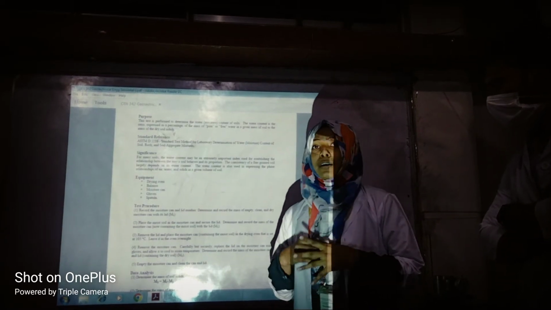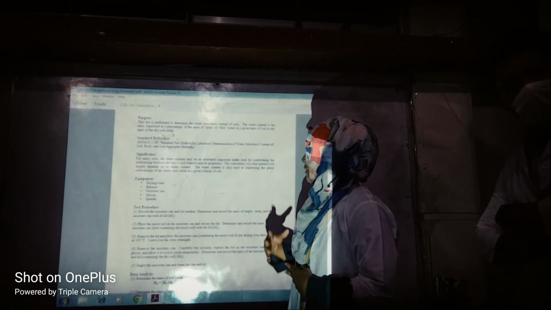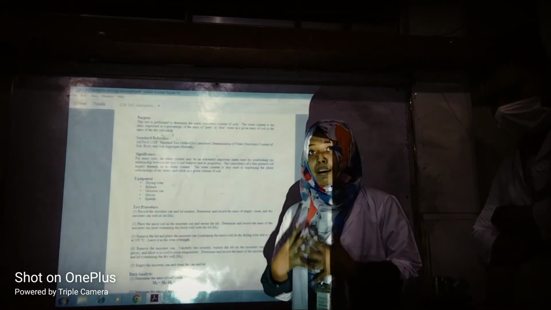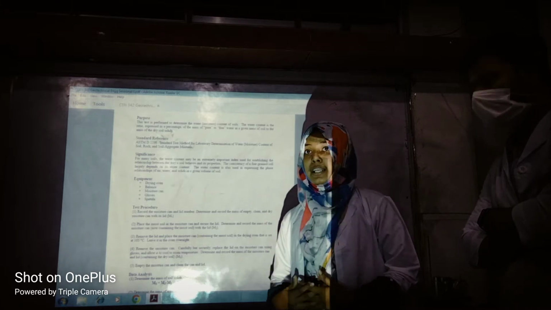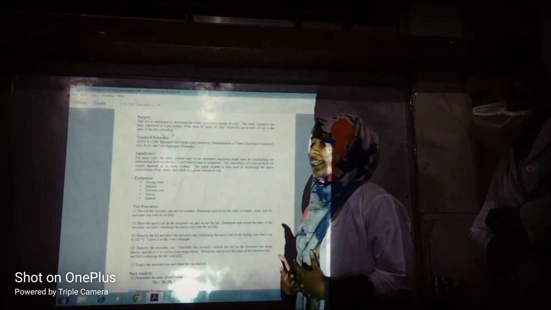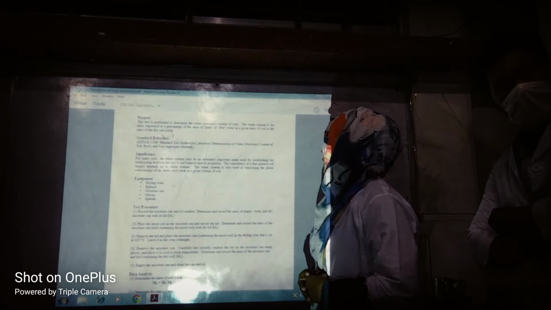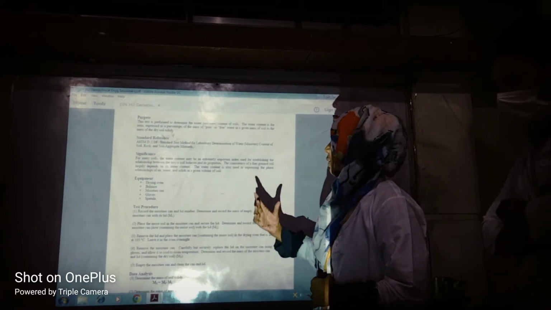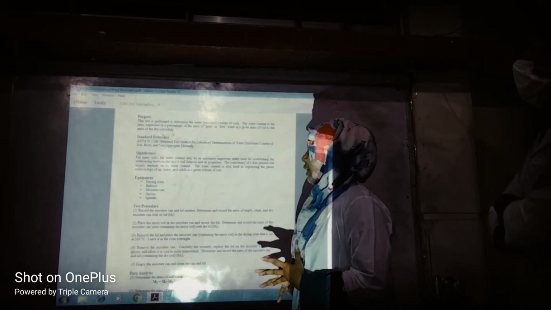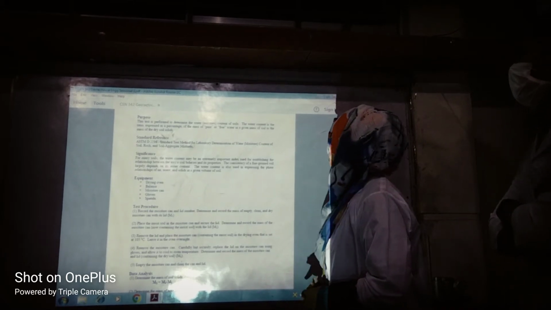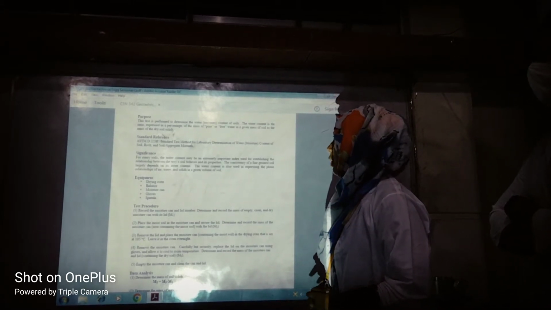If we don't know how to find the water content, we cannot know the soil bearing capacity and how much load it can carry. The consistency of fine-grained soil largely depends on its water content.